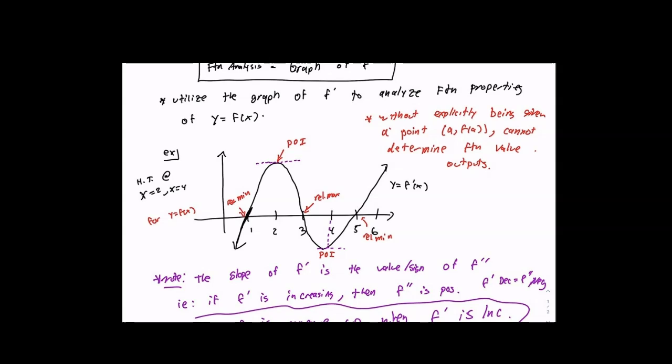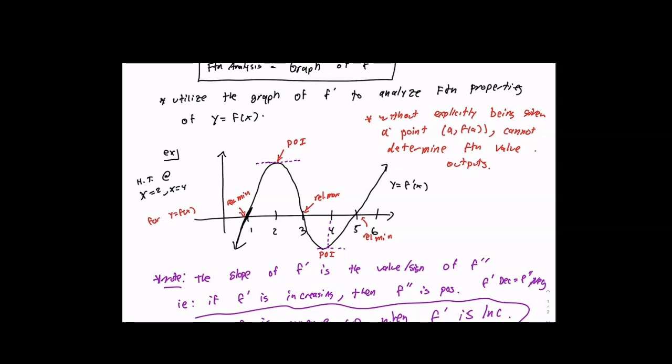Okay? And the same thing happens with intervals. When the graph of f prime is above the x-axis, that means f prime is positive, which means the function is increasing. Okay?